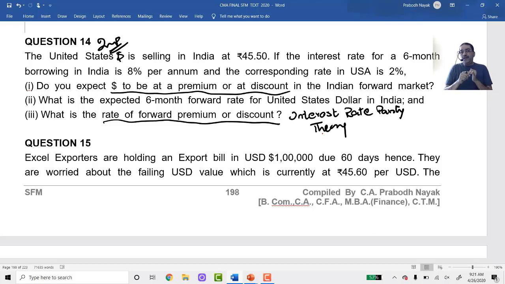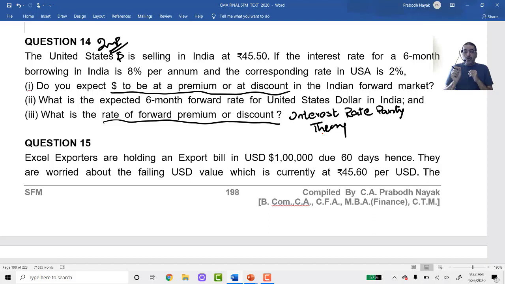The first point, what did I say? I said that the country having a higher rate of interest will have its currency at forward discount. Second, the country having a lower rate of interest will have its currency at a forward premium. So India is having a higher rate of interest, its currency will be at forward discount.